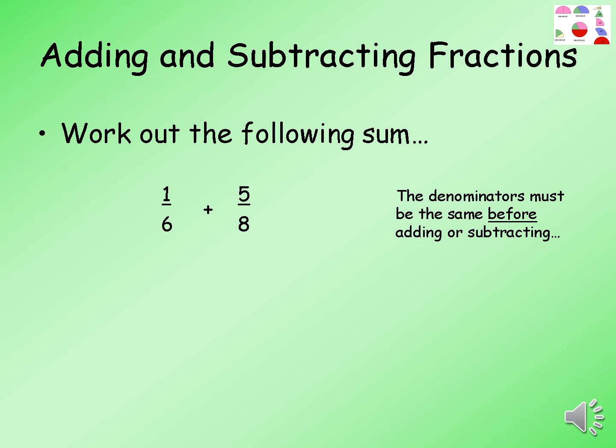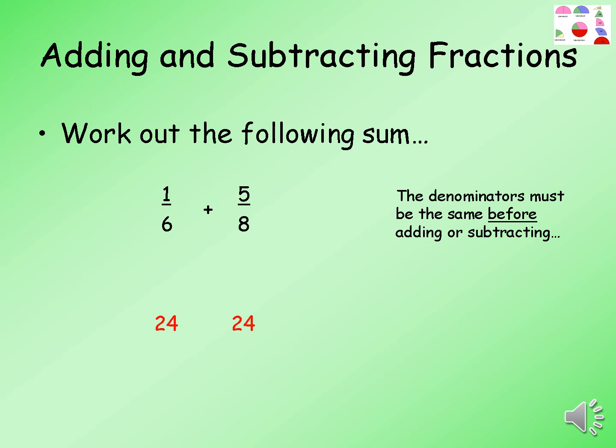Another addition. So 1/6 add 5/8. So again, we need to look for the common denominator. So it is not always the two numbers multiplied. We go for the lowest number that both numbers will go into, and in this case it is 24. So what did we do to the 6 to get 24?